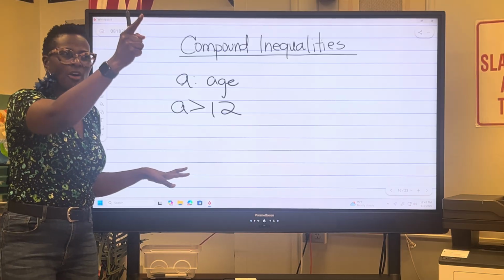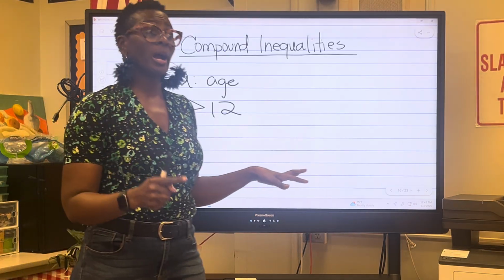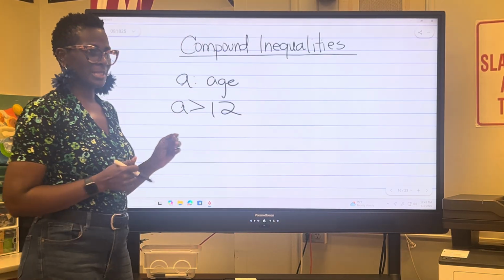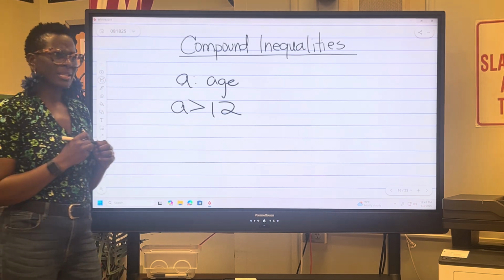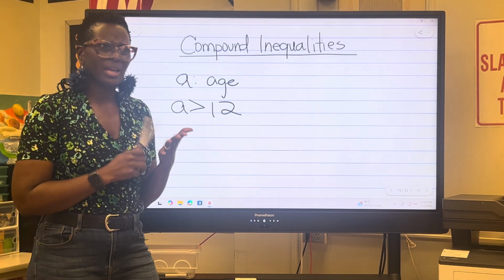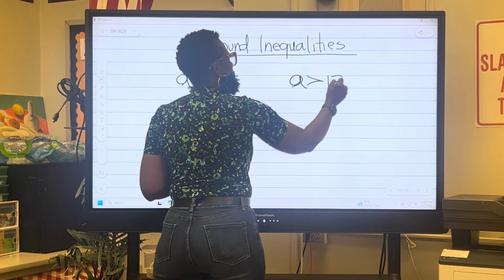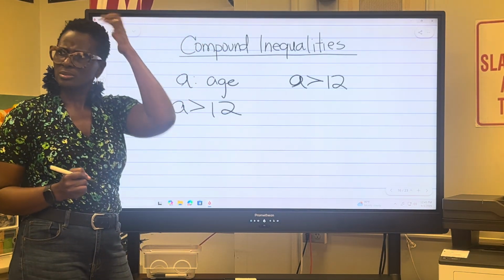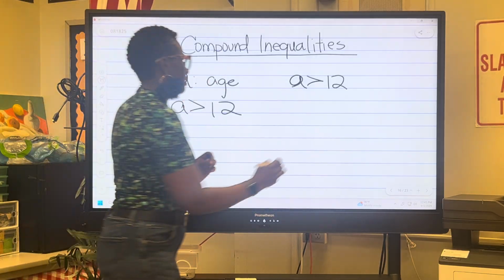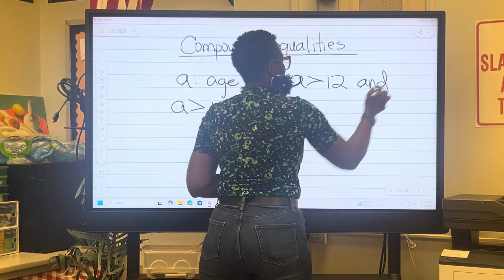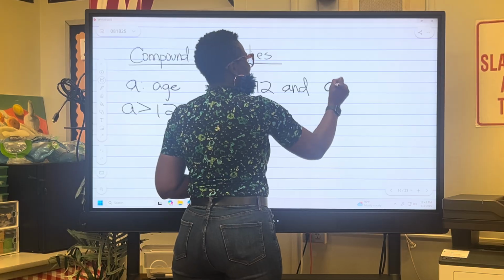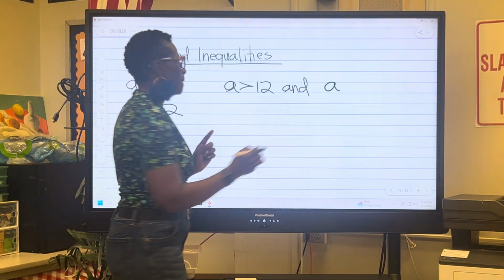How do I write that? More than 12 and no more than 19. A is greater than 12, okay? And that same A has to be less than 19.